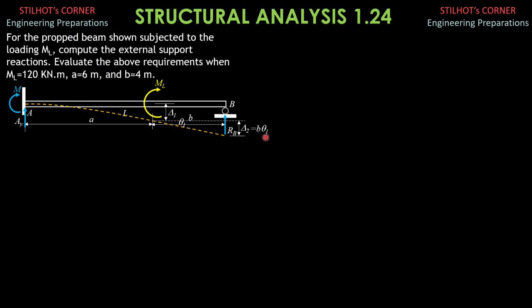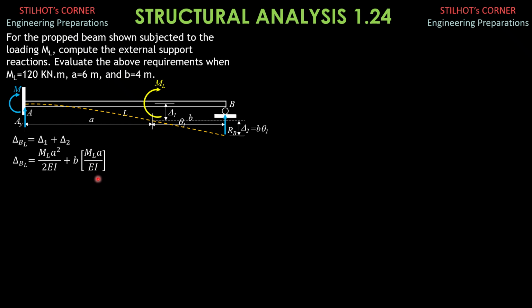While delta 2, B theta 1, is the moment at the wall ML, L which is A, divided by EI. So delta B due to the load is delta 1 plus delta 2. Delta 1 is MLA squared divided by 2EI, while delta 2 is B times theta 1, MLA over EI.